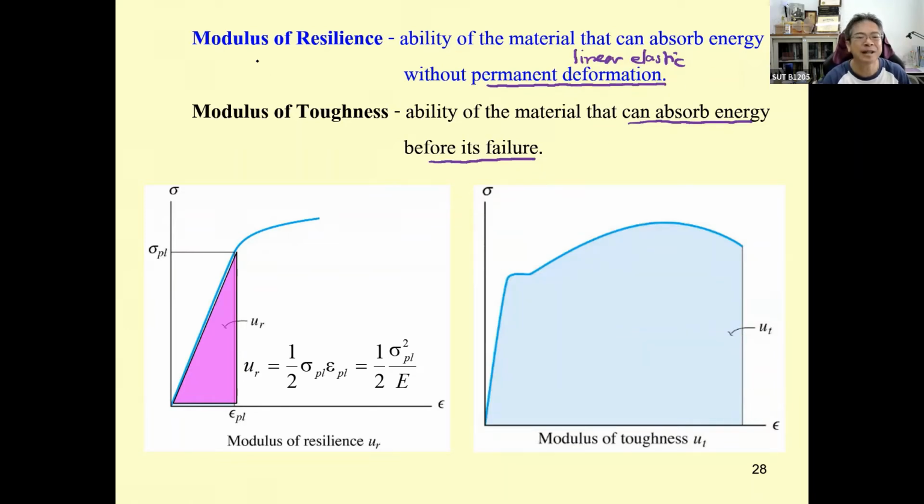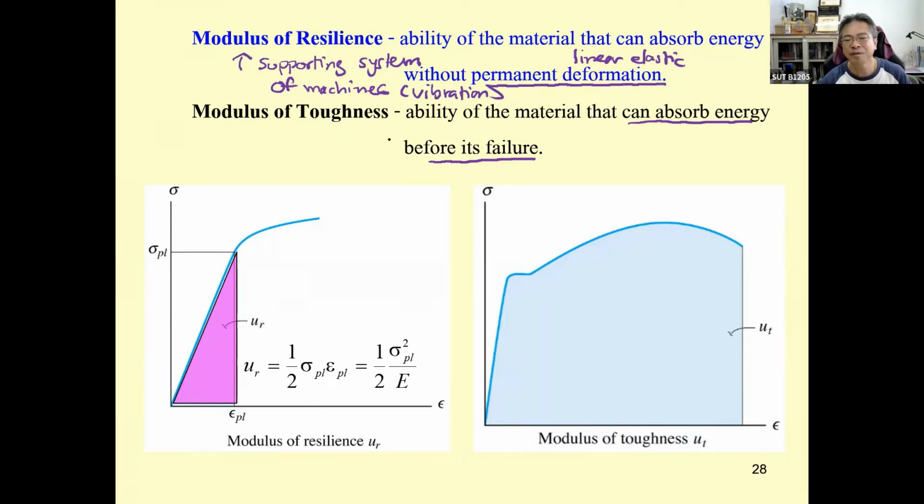This property is important for deciding the supporting system of a machine. The supporting system is supposed to absorb the vibration due to the machine. That is important in the design in the factory.